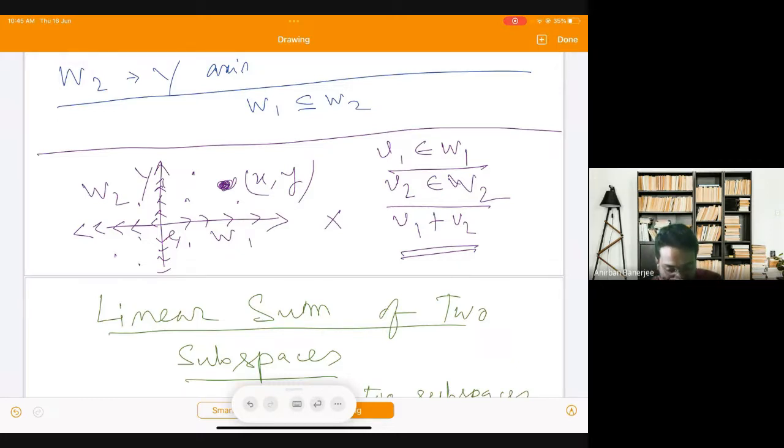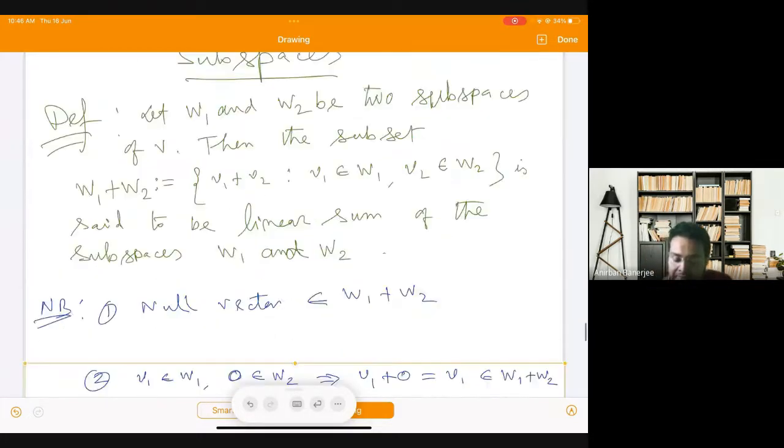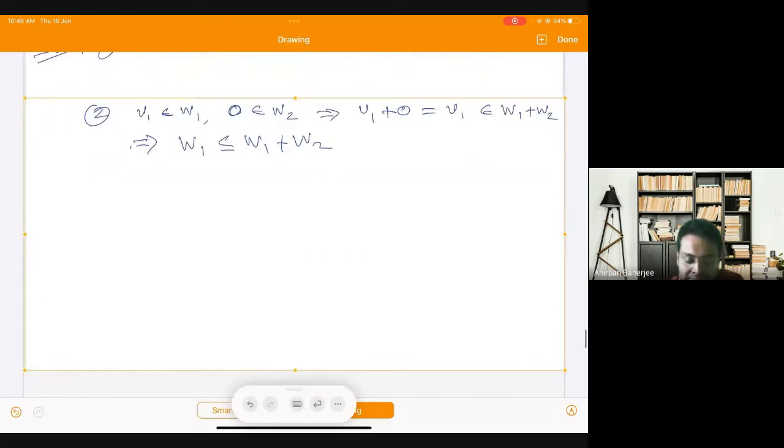So W1 will be a subset of W1 plus W2, as well as W2 will be a subset of W1 plus W2.